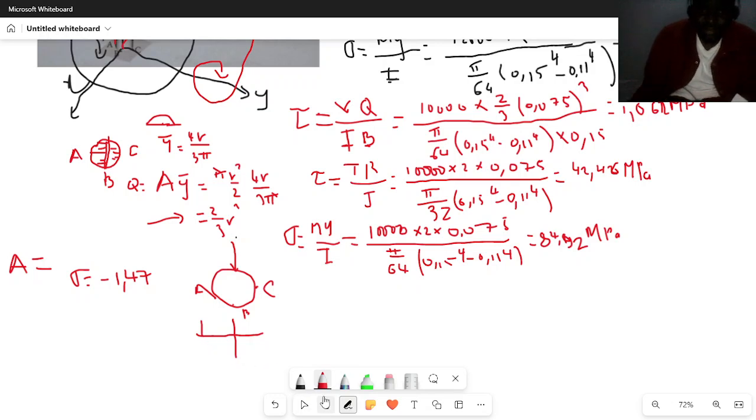This is what I meant. When a force is acting straight like this, the stress distribution is done like this. So it means it is done on the x-axis. This is how you write your stress distribution. So this simply means only at points A and C will the effect of this bending moment be felt.